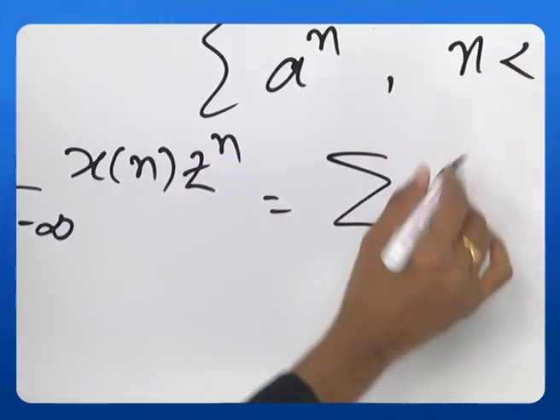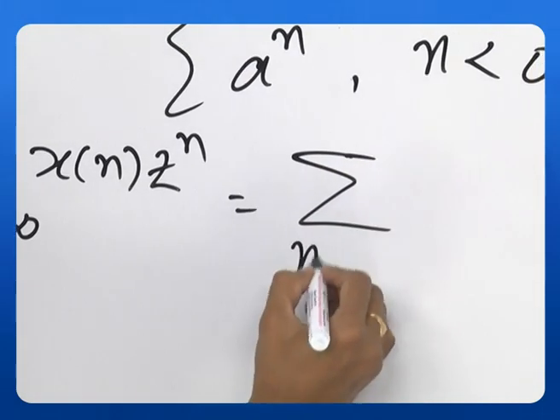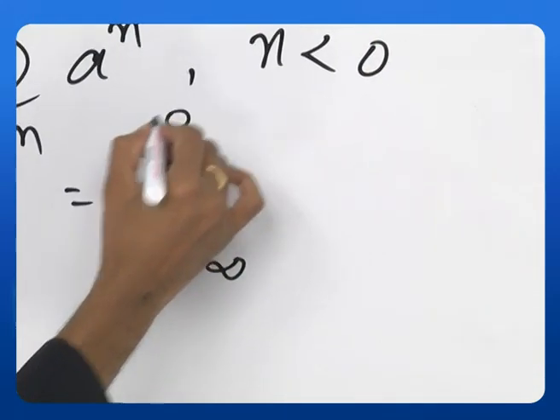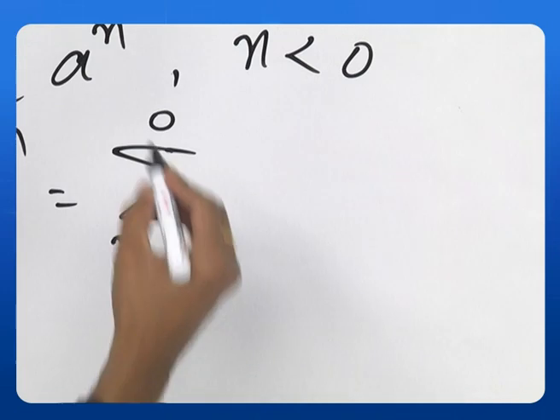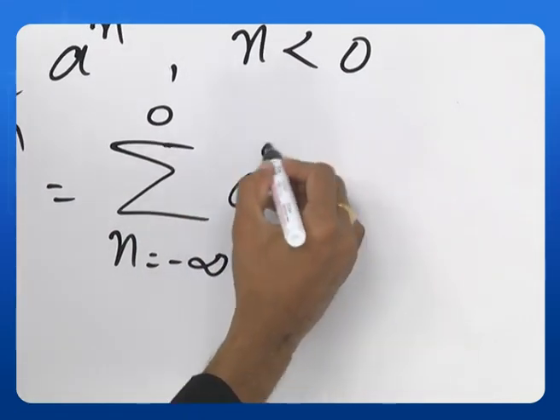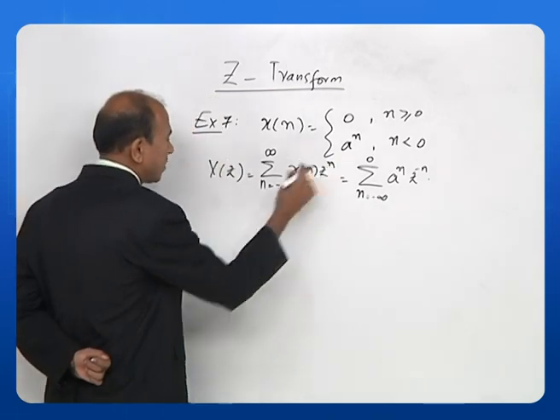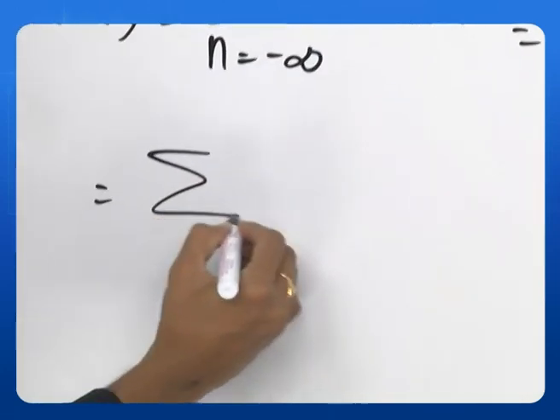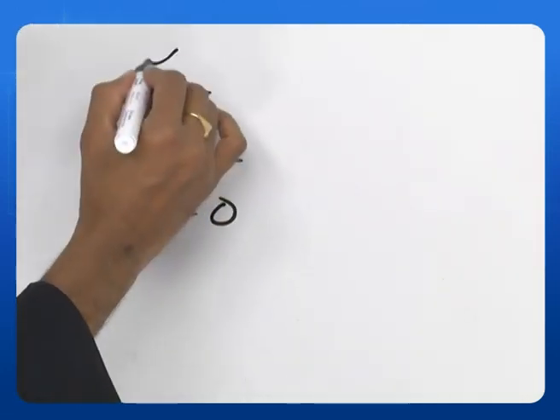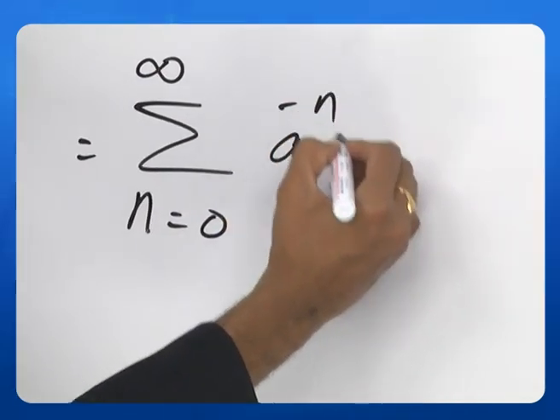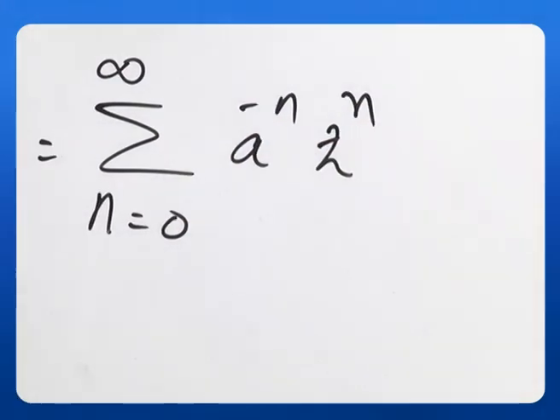Here, as you see, the signal is existing from n equal to minus infinity to 0. So, x of n for us is a to the power of n and z to the power of minus n. Now, changing the summation sign, I can write this as the sum from n equal to 0 to infinity of a to the power of minus n z to the power of n.